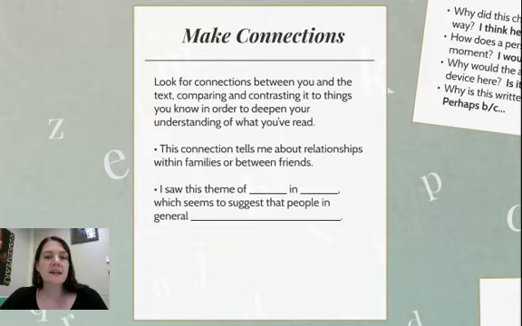What does this connection tell you about relationships in general? I saw this theme of friendship in another text, which seems to suggest that people in general, and here you would write the theme. So making connections, again, not just personal connections, but also the connections between your background knowledge and other texts, other classes, other pieces of information that you know.